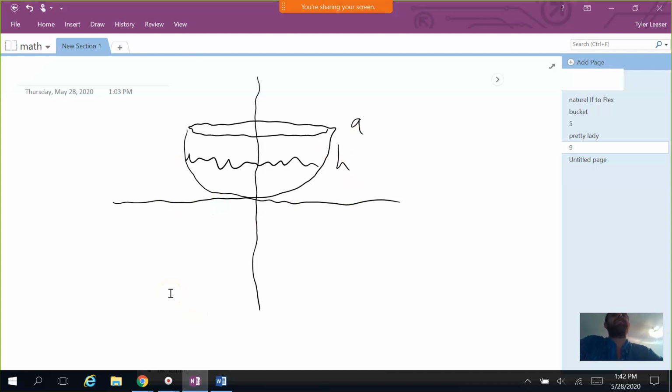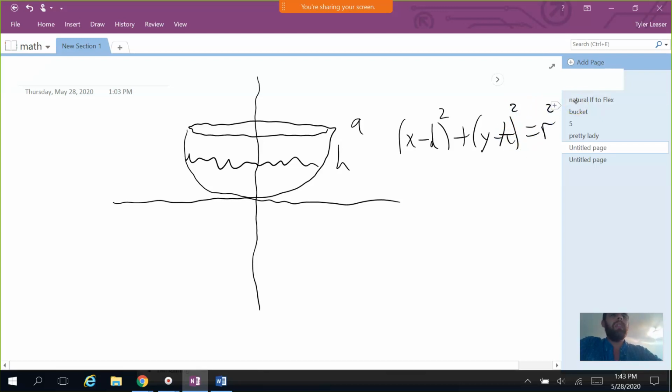And that's coming from the circle, right? Because it's a sphere projected onto the two-dimensional plane here. So we need to write out the formula for a circle. And this is the formula, right? It's x minus h, the x-coordinate of the center, squared, plus y minus k, the y-coordinate of the center, squared, is equal to the radius of the circle squared. This h here has nothing to do with the h of the top of the water. It's a different h. This (h, k) represents the center of your circle.